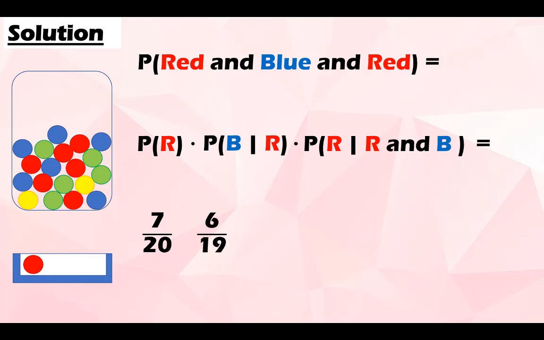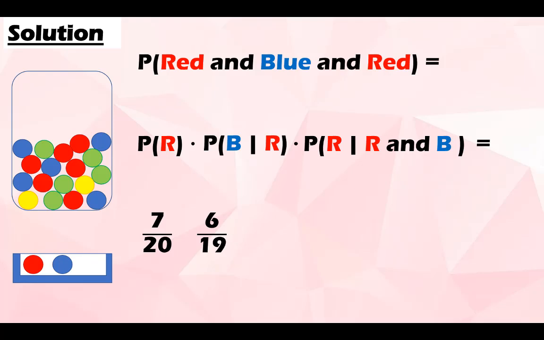So if we pull out this blue marble and put it on our tray, now there are no longer 19 marbles in the jar. There are only 18. So now the final probability of drawing a red marble, given the fact that a red and blue have already been chosen, we know there's only 18 marbles left in the jar, and now there are only 6 red marbles in the jar.